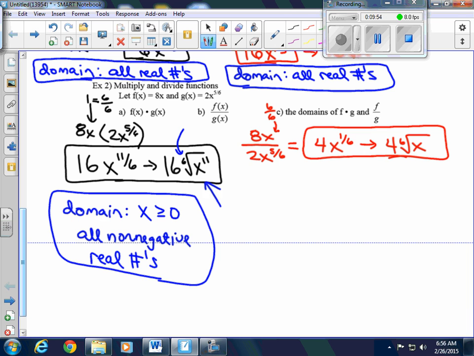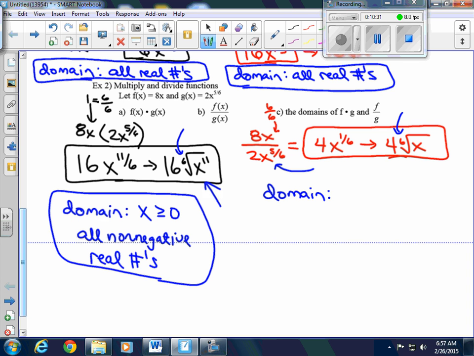So then, if we look at B, the division one. Same thing is true here. If we look at the domain, negative numbers will not work in this case because that has an even index number. So in this case, we also have to check one other thing. And in a division problem, we want to look at this. Are there any numbers that will give me 0 in the denominator?